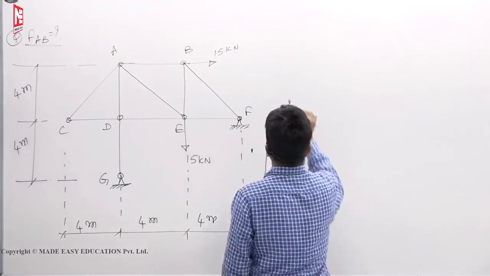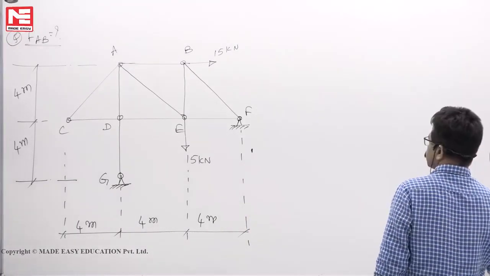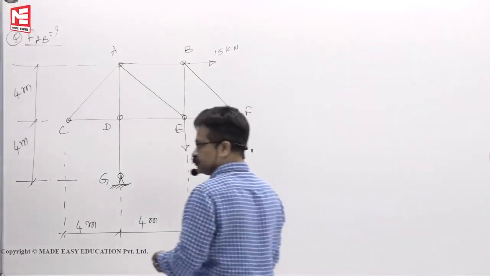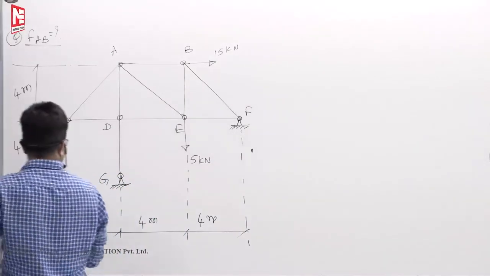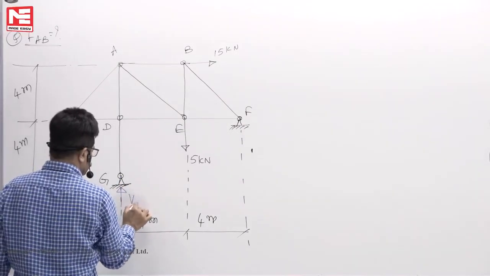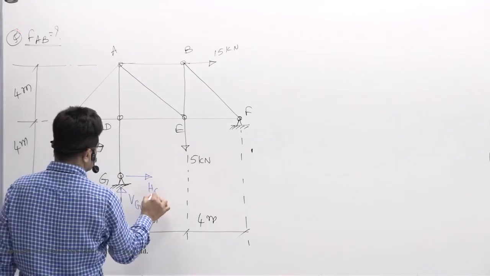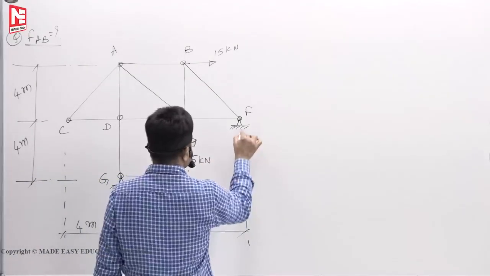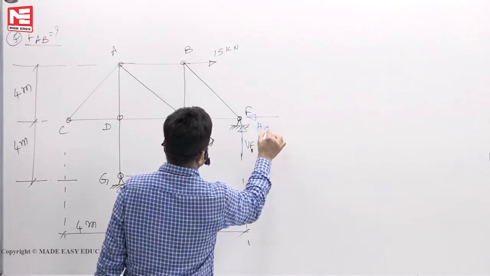Okay. Now there are two reactions because of the hinge supports: Vg, Hg, Vf, Hf.